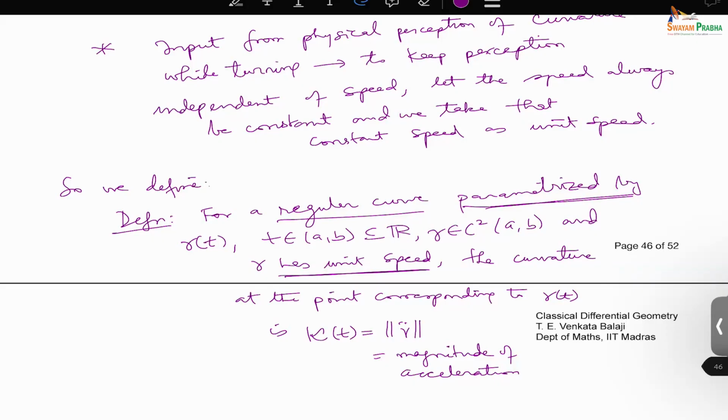Okay, this raises a question. Why should there be, for a curve with a regular parameterization, a parameterization which has unit speed? Okay, so again calculus comes to our rescue and tells you that don't worry, there is such a parameterization. And guess what is the hero of that parameterization?